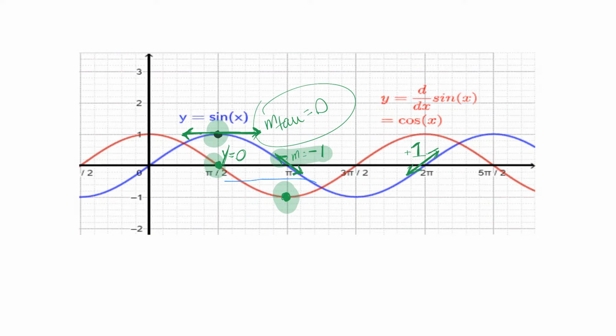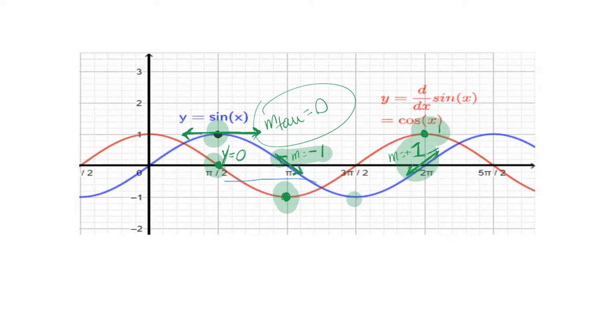It's going uphill. So the slope here, again, is 1. Now let's see what's happening at cosine. What is the value of cosine? Oh, look, it's 1. So again, the slope of sine is the exact same value as cosine.